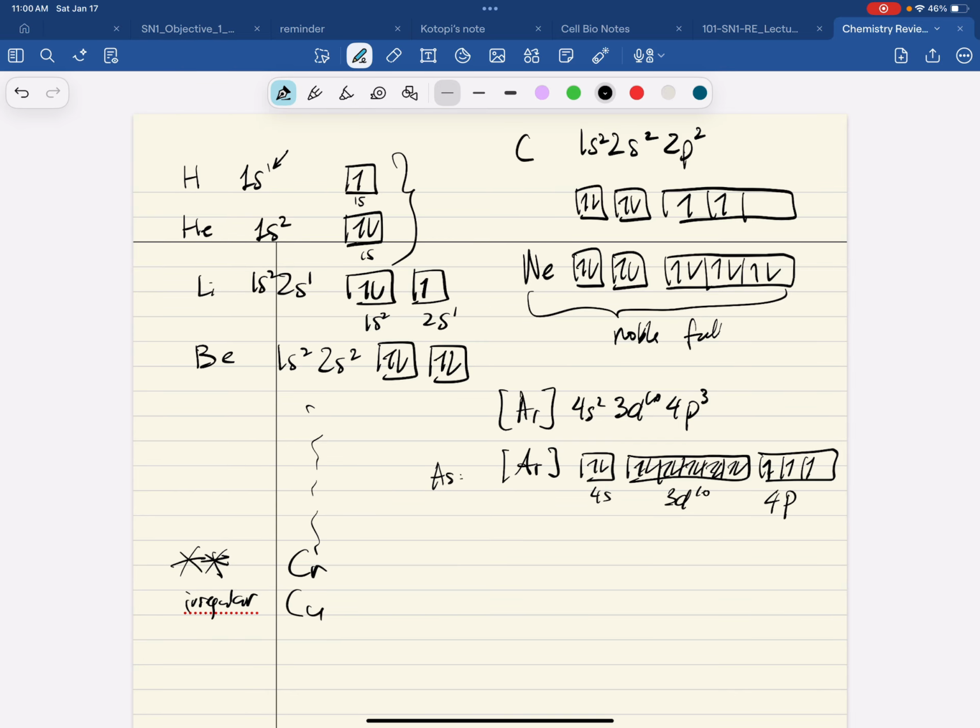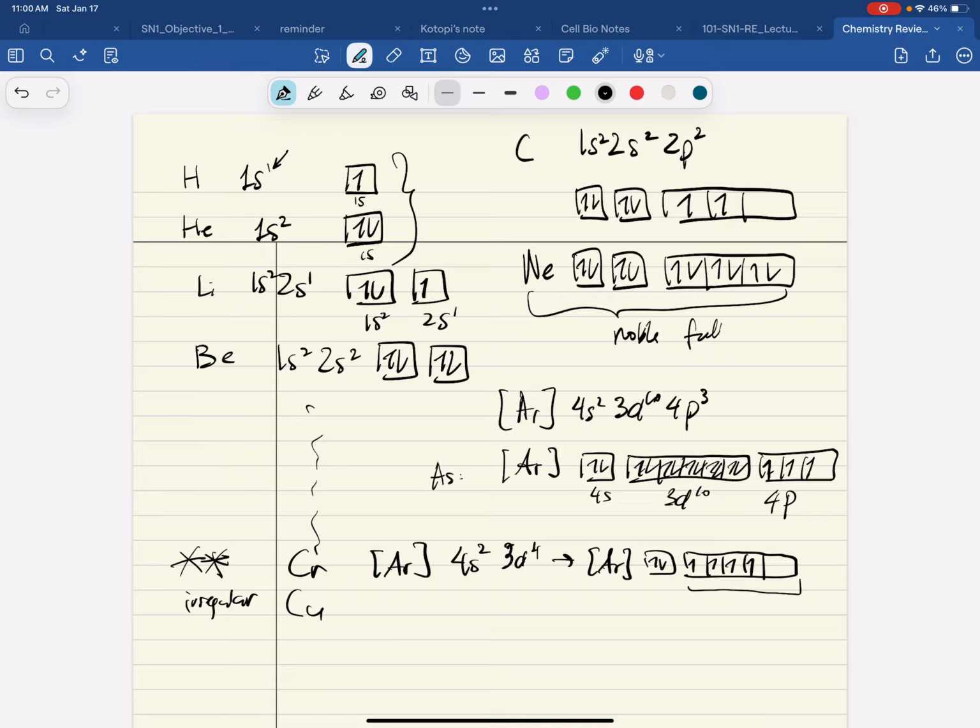So if we do chromium, it has argon as the noble gas for our shortcut, and usually we would say 4s2, and after that 3d4. Box wise, it will look like 4s2, and then my d orbital will have 1, 2, 3, 4, and this is really unstable.